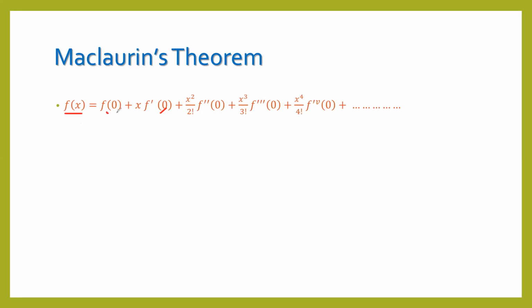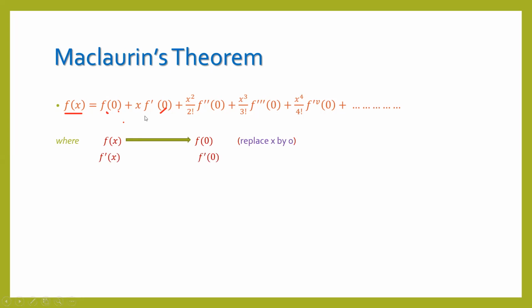What does this f of 0 mean here? See, this f of 0, f dash of 0, these are the values which we have to calculate from f of x. If we have to find f of 0, then in the given function f of x, whose expansion we need in terms of x, we replace x by 0, and we get this f of 0.